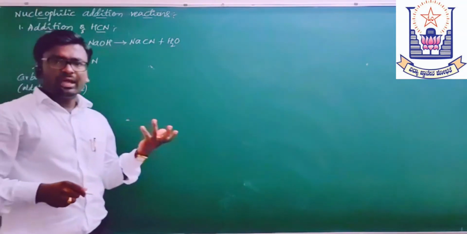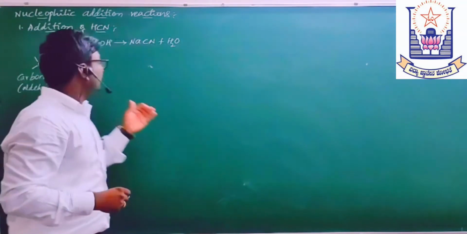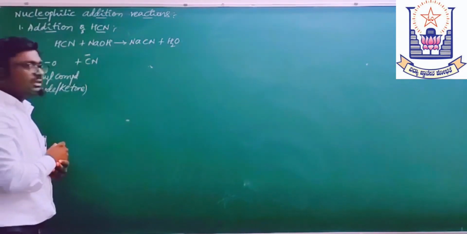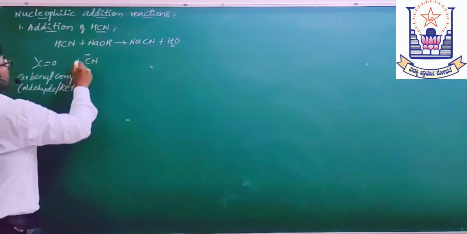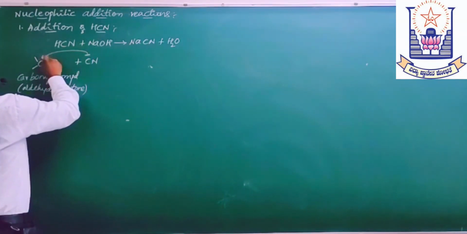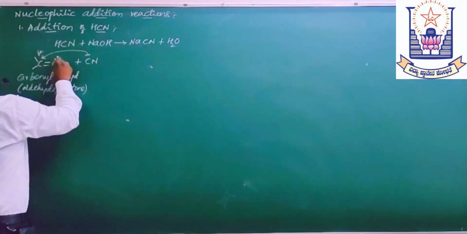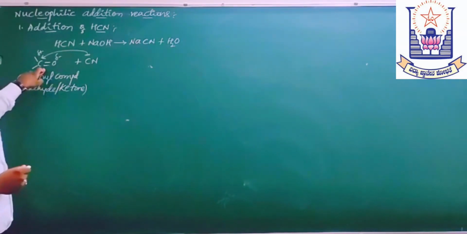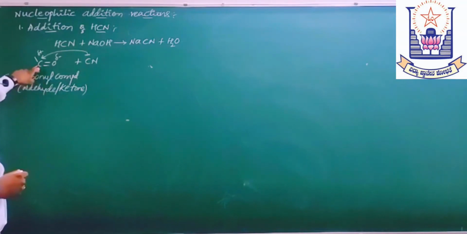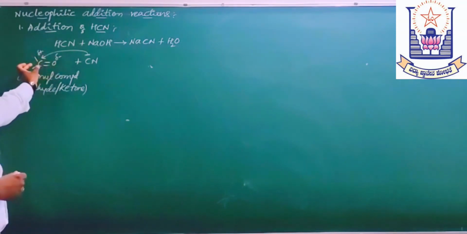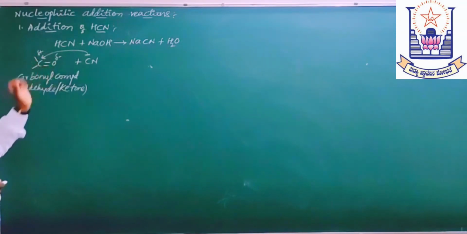Even if you add NaCN, first the cyanide will attack the carbonyl carbon, because this is delta plus, this is delta minus. The carbonyl compound is a polar molecule where the carbonyl carbon has a partial positive charge and the oxygen has a partial negative charge because of the electronegativity difference.